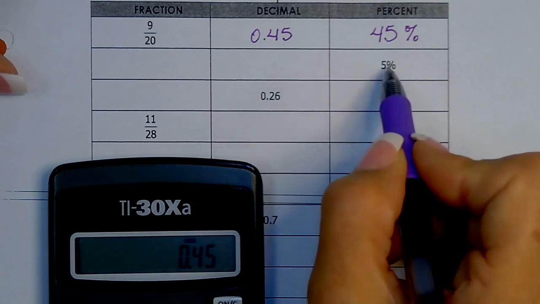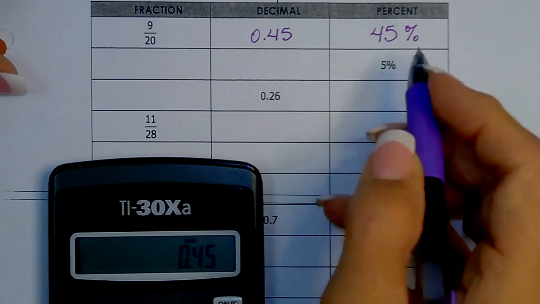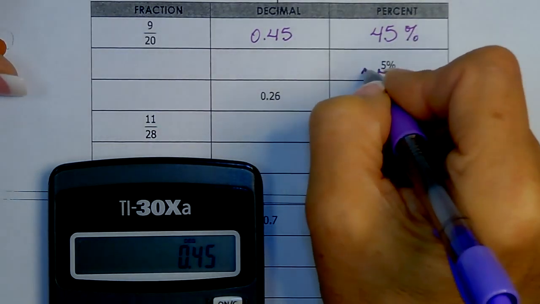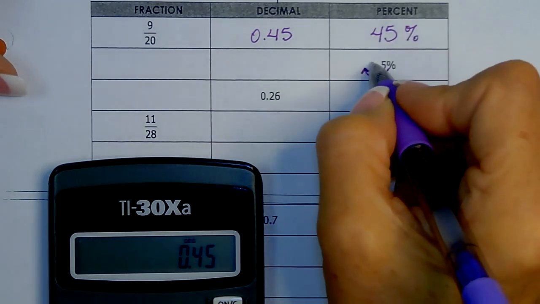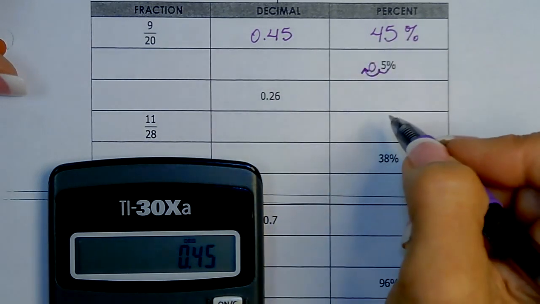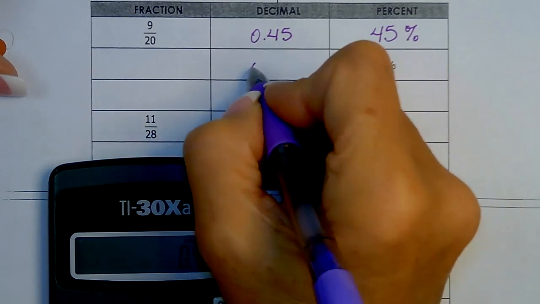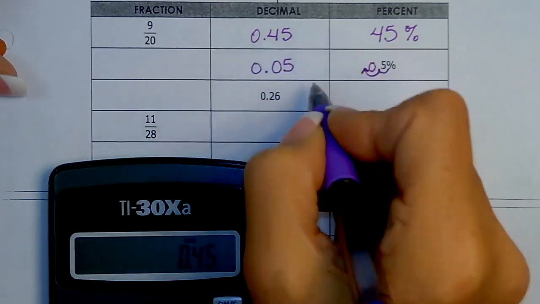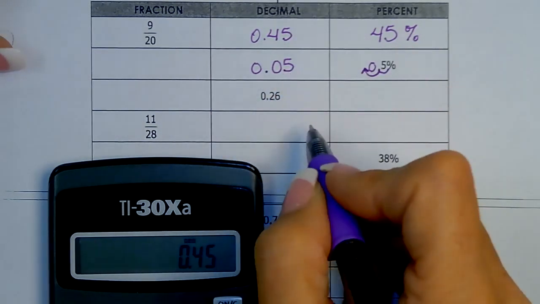All right, next one, we're going to have to move backwards. So that means moving it 2 places to the left. Well, that leaves me a gap. So I'm going to fill it in with a 0. So this would be written 0.05 as a decimal.